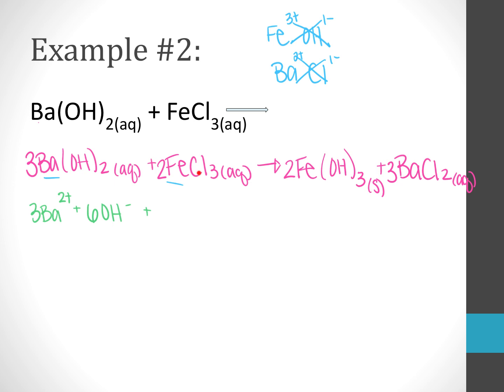Then we have the iron 3 chloride, and it's aqueous. So that means it's going to break up. Okay, so I'm going to break it up into 2 irons. And we already established iron's charge is +3. And then what's 2 times 3? Okay, 6. So I'm going to write the 6 chlorines, and again, I'm just going to put 6 as a coefficient.